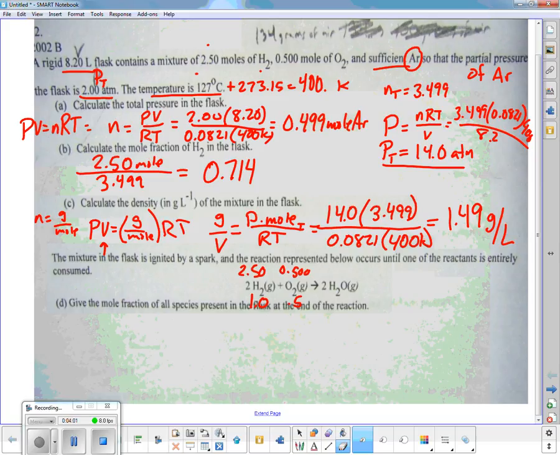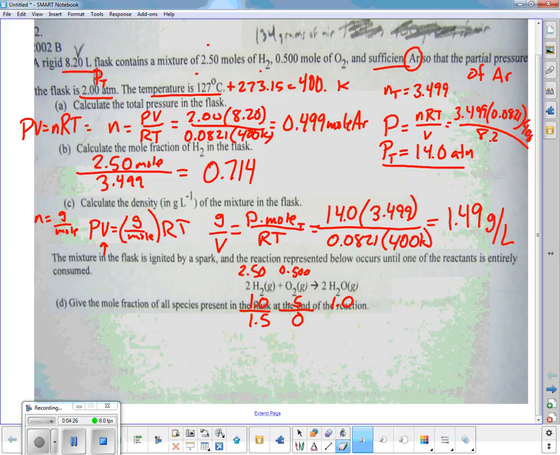So at the end, how many moles of this have I made? 1 mole of this is what is made. How much of this do I have left? None. And it's a good thing to show visually what's going on here. How much of this do I have left? 1.5. So I have 1.50 and 1.